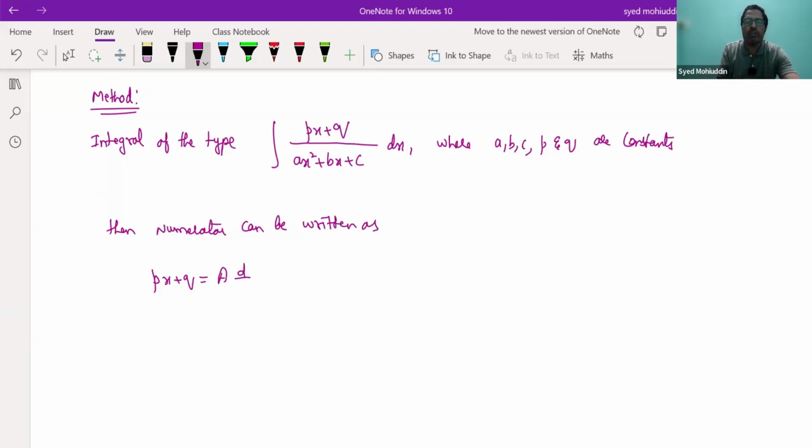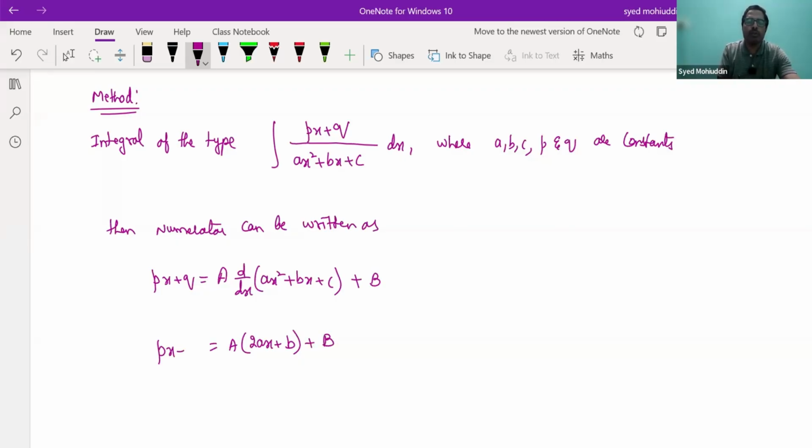The denominator is ax square plus bx plus c. So px plus q equals A into the differentiation of the denominator, plus another constant B. If I differentiate this, ax square will give you 2ax, plus bx differentiation will be b. C is a constant, derivative will be 0. Then plus B.